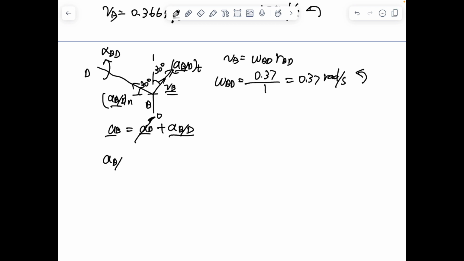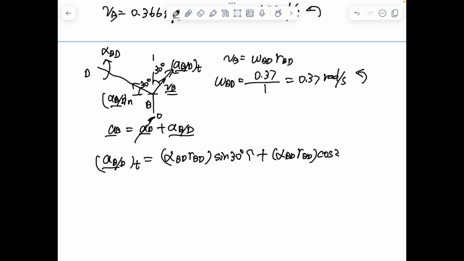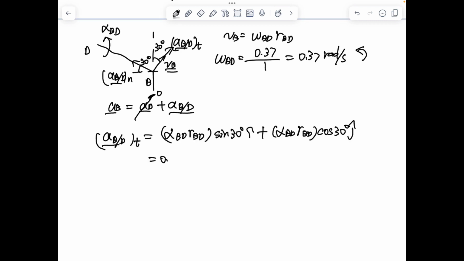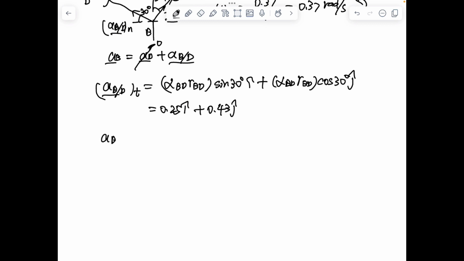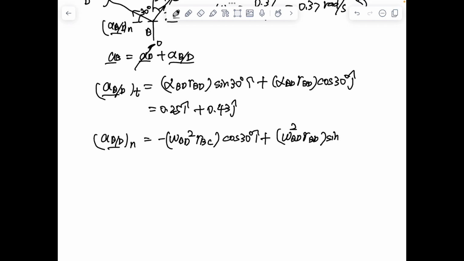Then we have AB with respect to D. Tangential direction is equal to alpha BD RBD times sine 30 degrees I plus alpha BD times RBD cosine 30 degrees J. This is equal to 0.25 I plus 0.43 J. And AB with respect to D in normal direction is equal to negative omega BD square RBD cosine 30 degrees I plus omega BD square RBD sine 30 degrees J. This is equal to negative 0.12 I plus 0.07 J.